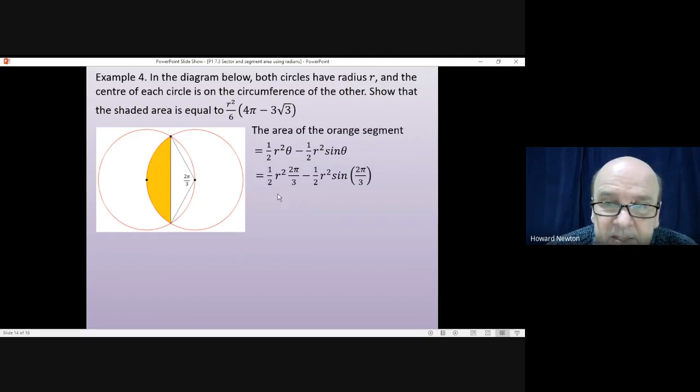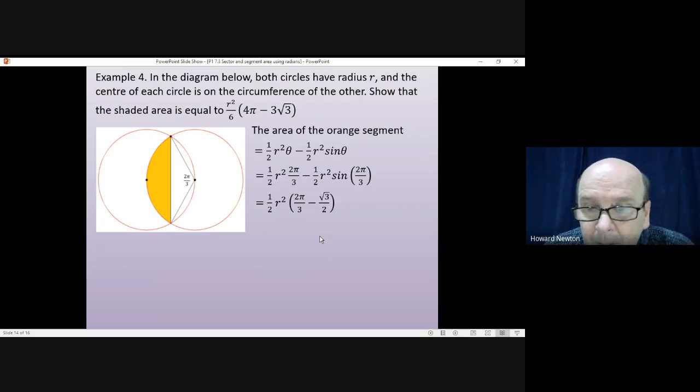Now in this instance, that'll give us a half r squared times 2 pi by 3, which is what this angle is in radians, minus a half r squared times sine 2 pi by 3. Now the sine of 2 pi by 3 is root 3 over 2. And then we can factorize this expression, taking the half r squared outside. That'll give us 2 pi by 3 here. And as I say, root 3 over 2, because sine 2 pi by 3 is root 3 over 2.